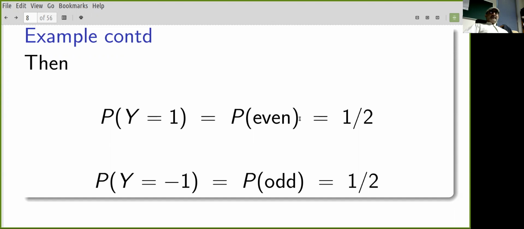So what's the probability of getting an even roll of the die? That's 1/2, 3 out of 6. What's the probability that Y is equal to -1? Well, in order for Y to be equal to -1, the die must have given an odd result. And the probability of getting an odd result is 1/2 for a fair die.